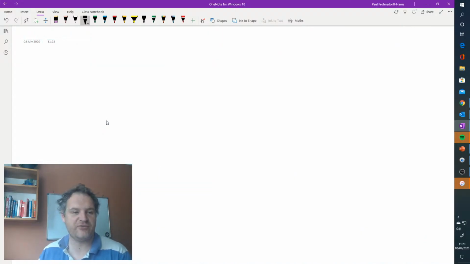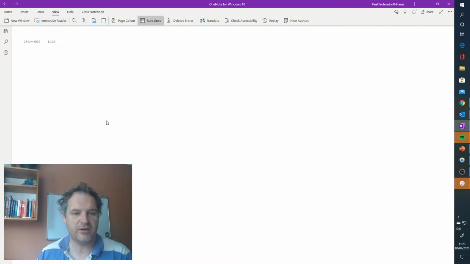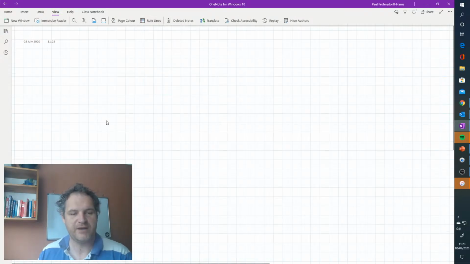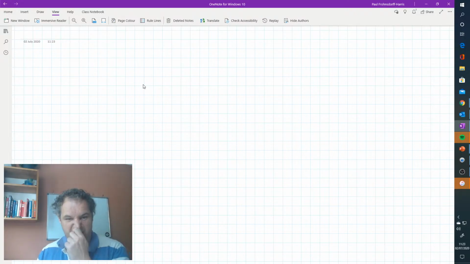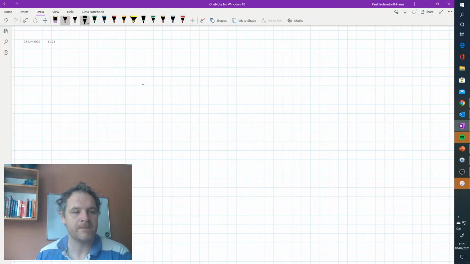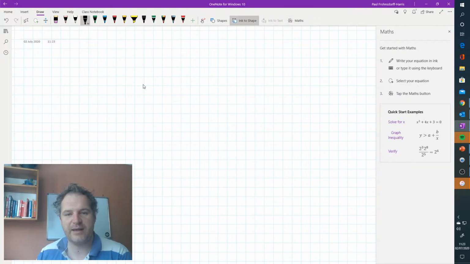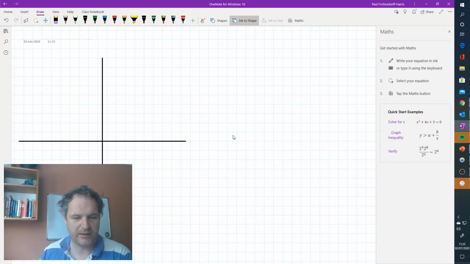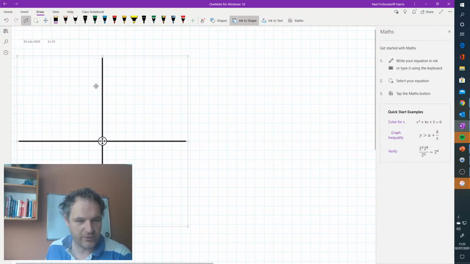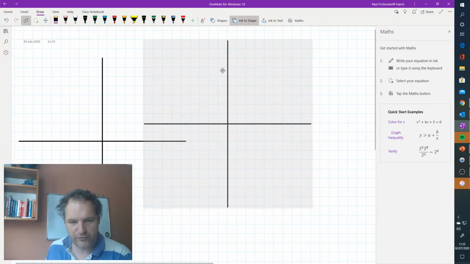Now this works best if I have grid lines on. I need to make it so that I always create it with these pages, because I think it's much easier when we're doing these. And then we're going to start off with a shape, which was the XY graph. I've apparently put it behind myself, so let's move it over somewhere where it's useful.